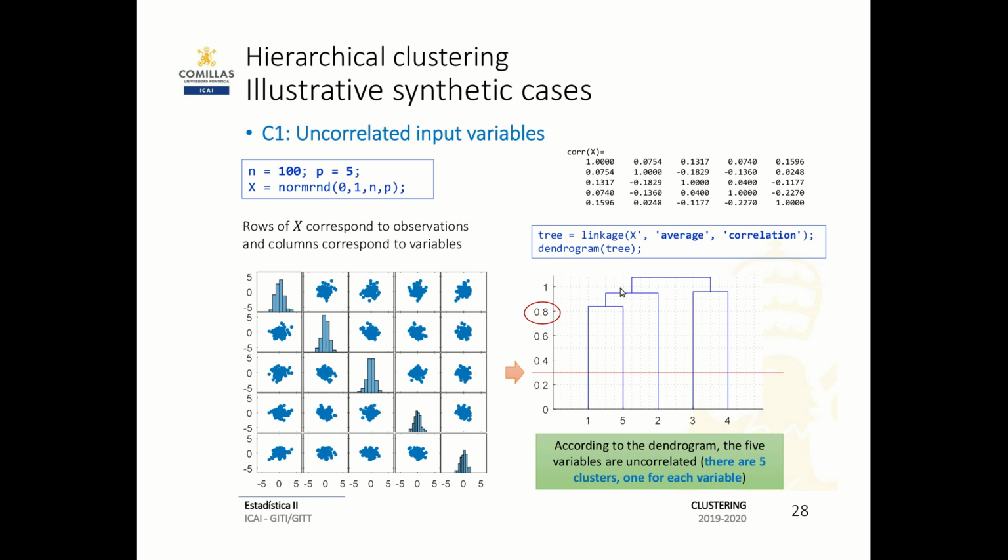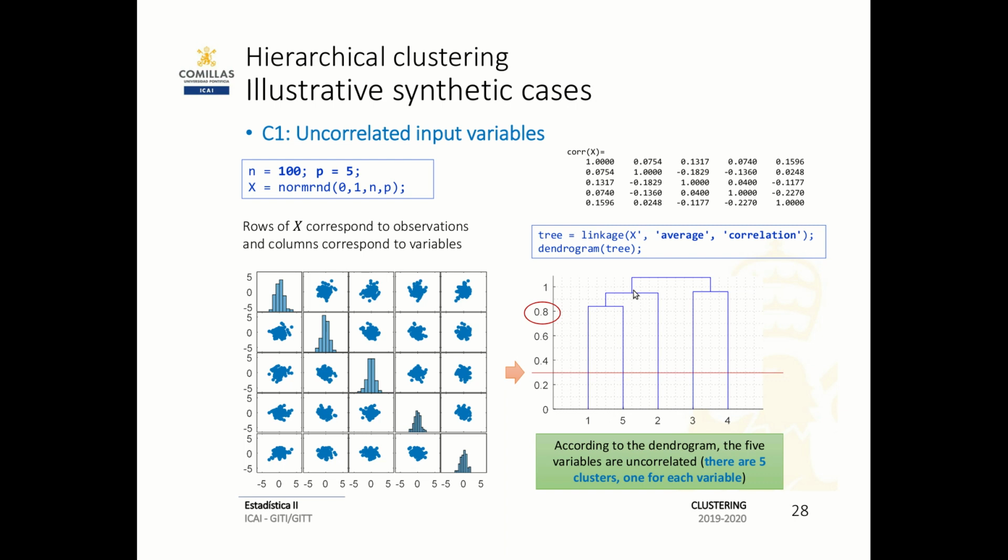So let's see more examples now, clustering variables. Let's say that we have 5 independent variables. So we have here the 5 variables. There is no correlation between the 5. We have 100 observations. This is the correlation matrix. And then when we do the hierarchical clustering, we see that all the variables come together at a very high distance.